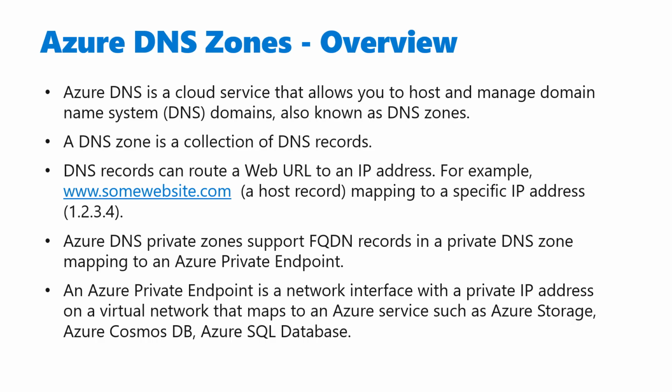In the upcoming videos, we will learn how to create private endpoints and assign them to SQL Server as well as Azure Web App Service. Okay, so let's now learn more about creating private DNS zones using Bicep.